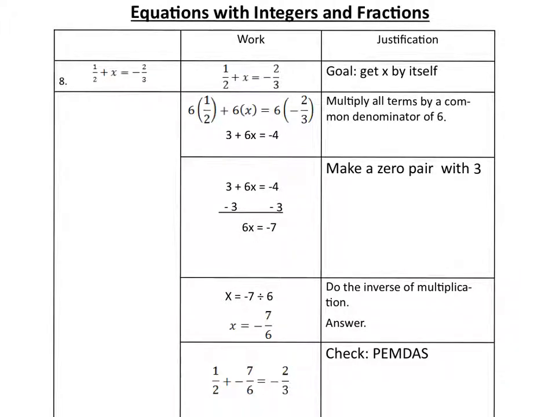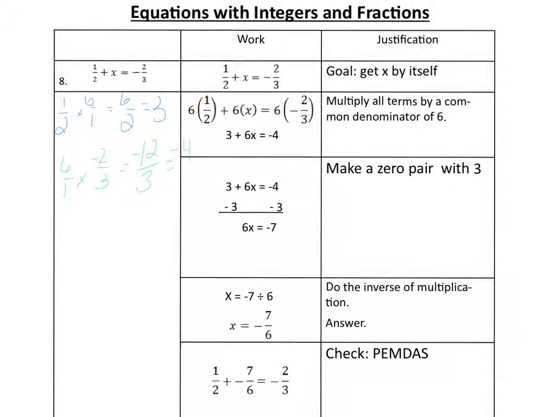So we are saying 1/2 times 6 over 1, or 6 over 1 times 1/2, which is 6 over 2, which is how we get 3. We are saying 6 times x, which is 6x, and then we're saying 6 over 1 times negative 2 over 3, which is negative 12 over 3, which simplifies to negative 4.